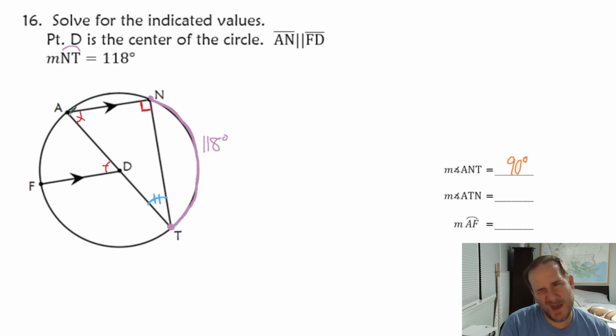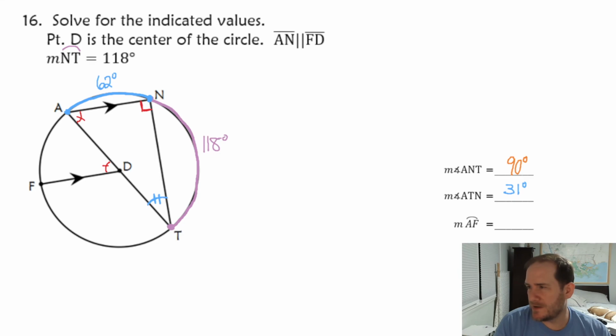And we just said that AFT was a semicircle. Well, ANT is also a semicircle. So you know that AN will just be 180 minus the 118. So 180 minus 118 leaves us with 62. So that means the inscribed angle down here is half of that, so it's 31.